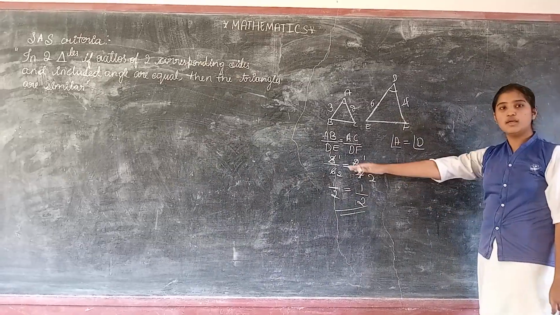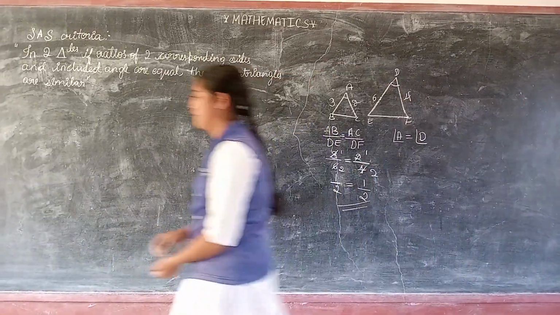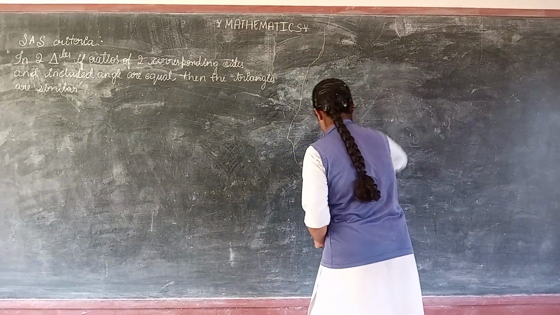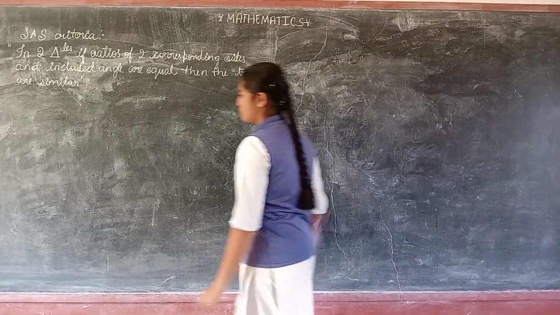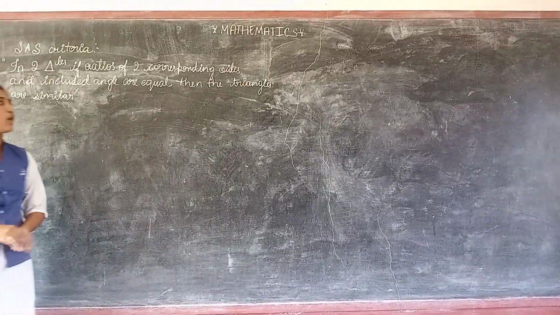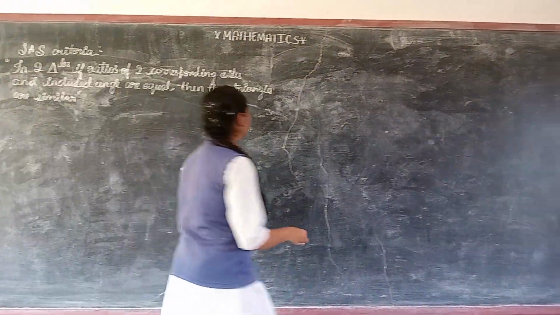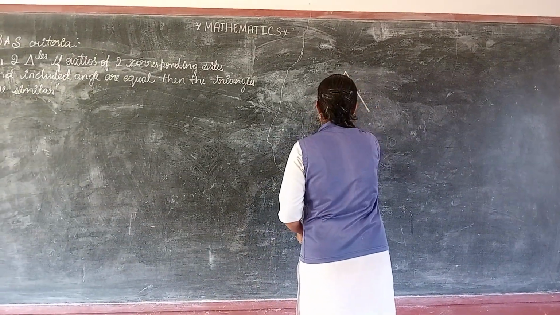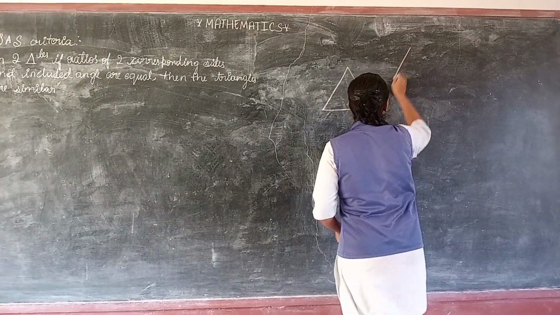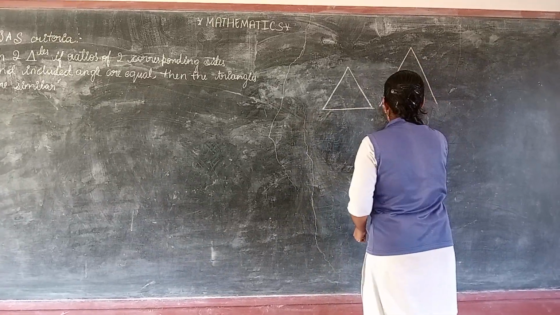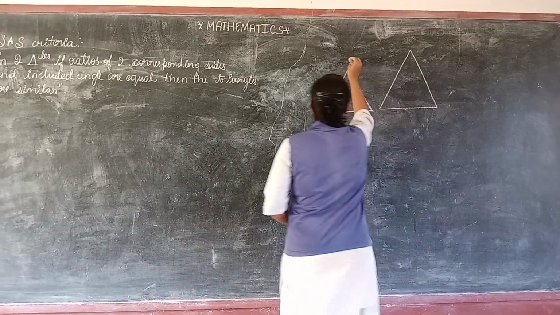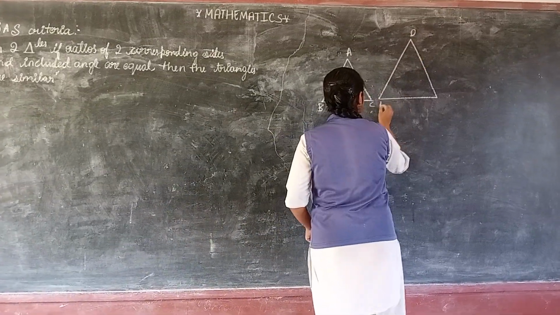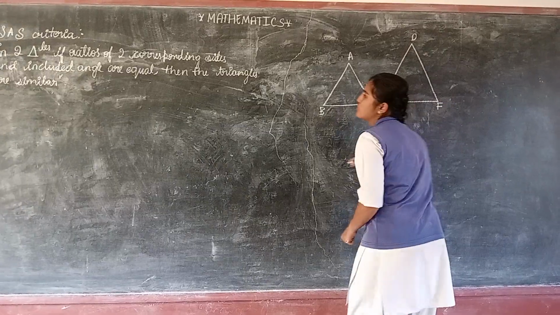Now we will mathematically prove that. Firstly, according to the statement, we will draw the figure. In two triangles, means there are two triangles, ABC and DEF.